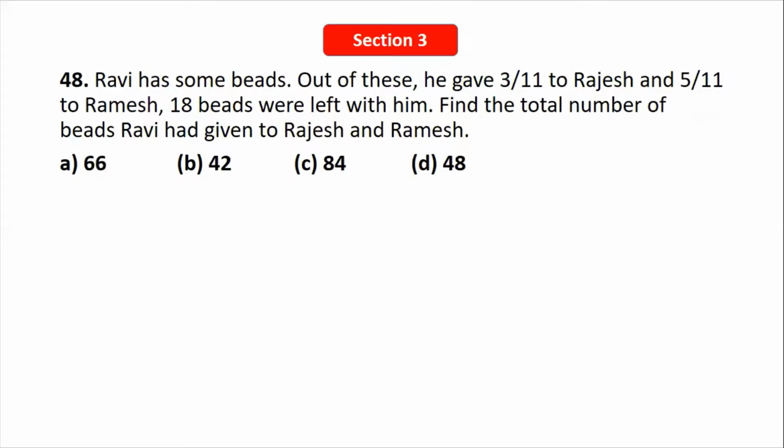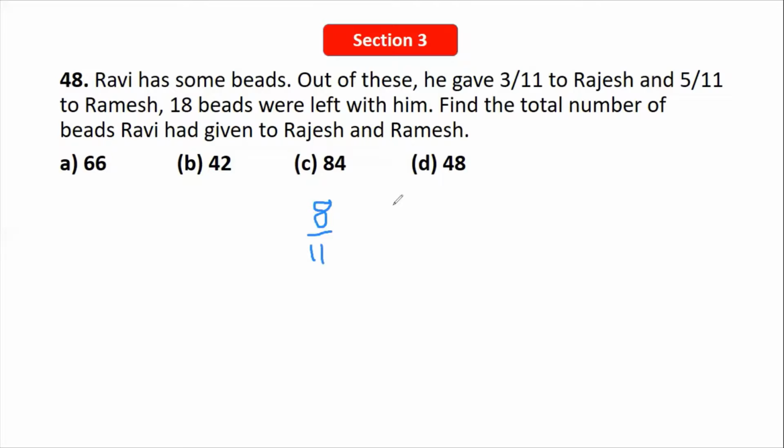Find the total number of beads Ravi gave to Rajesh and Ramesh. So Ravi has some number of beads. He gave 3/11 plus 5/11, so he gave away 8/11 of the beads, and that is what we want to find out.